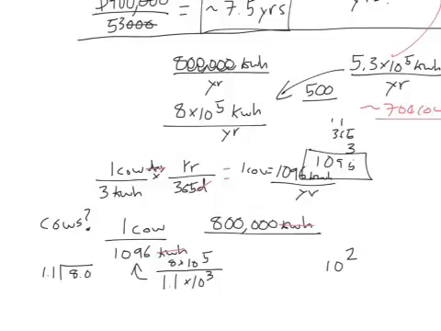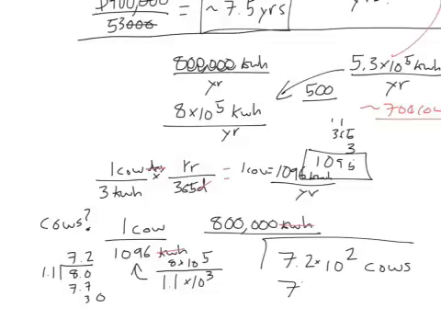That'd be about 7. Okay, 7.7, carry the 3 down, so 11 goes into 3, 2 times, so 7.2, something like that. So it's going to be 7.2 times 10 to the second cows. Okay, or putting that in numbers, 720 cows.